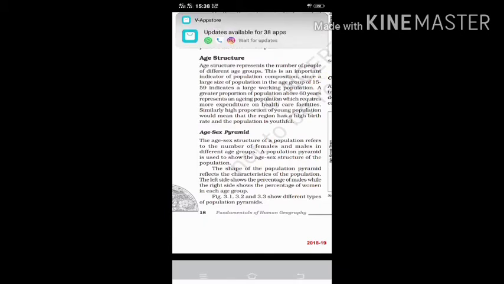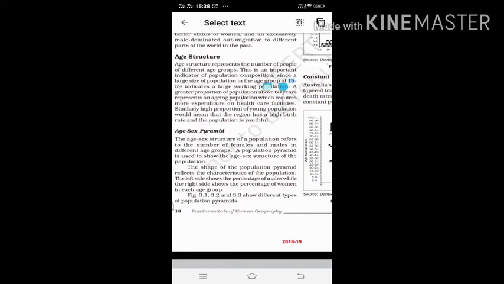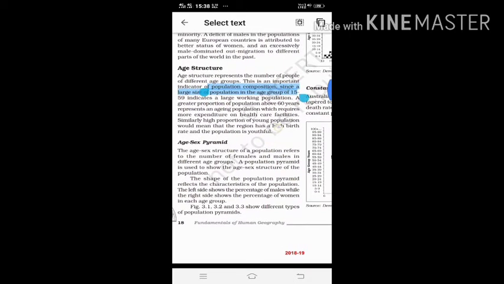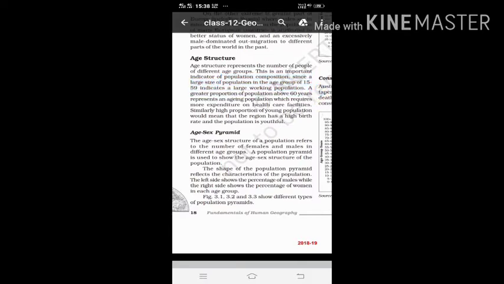First point is a large size of population at the age of 15 to 59 years, a large working population. Number two, a greater population above 60 years represents an aging population which requires more expenditure on health and healthcare facilities.